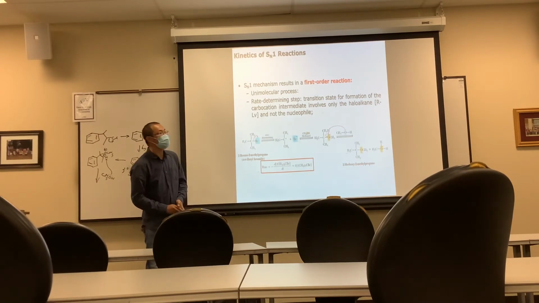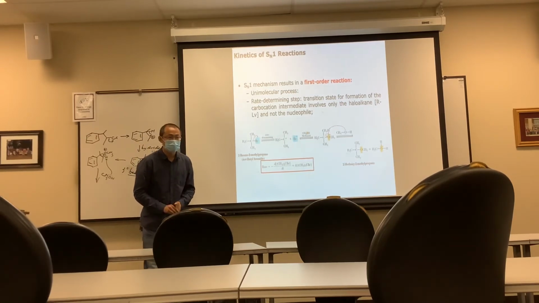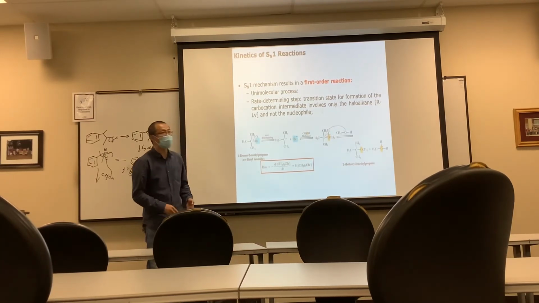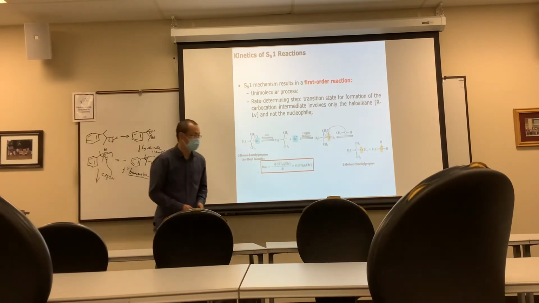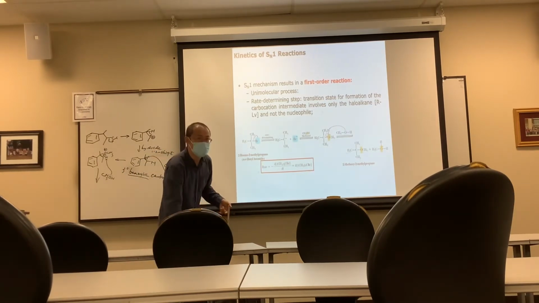In SN1 reaction, because there's only one species involved in the rate determining step, we call the reaction first order. First order of what, guys? Or let me ask a different way.